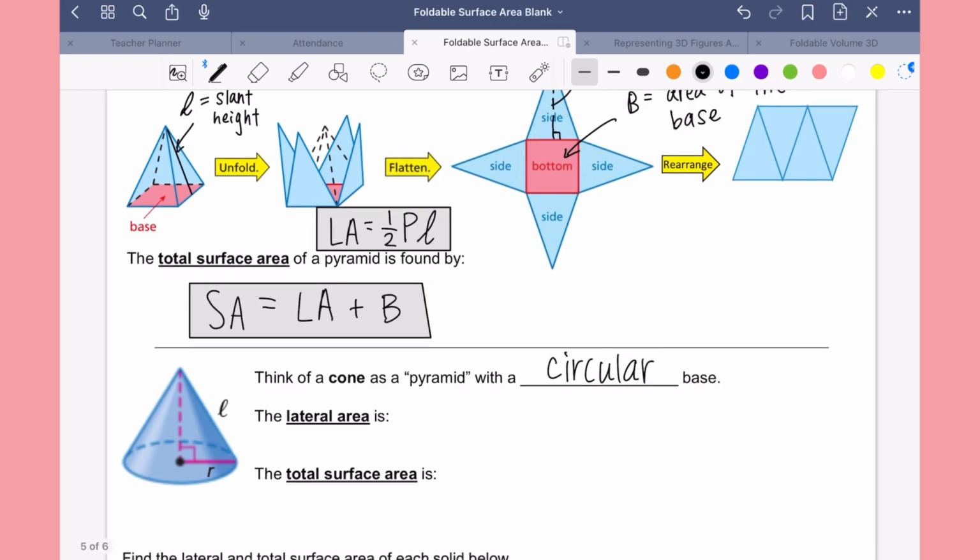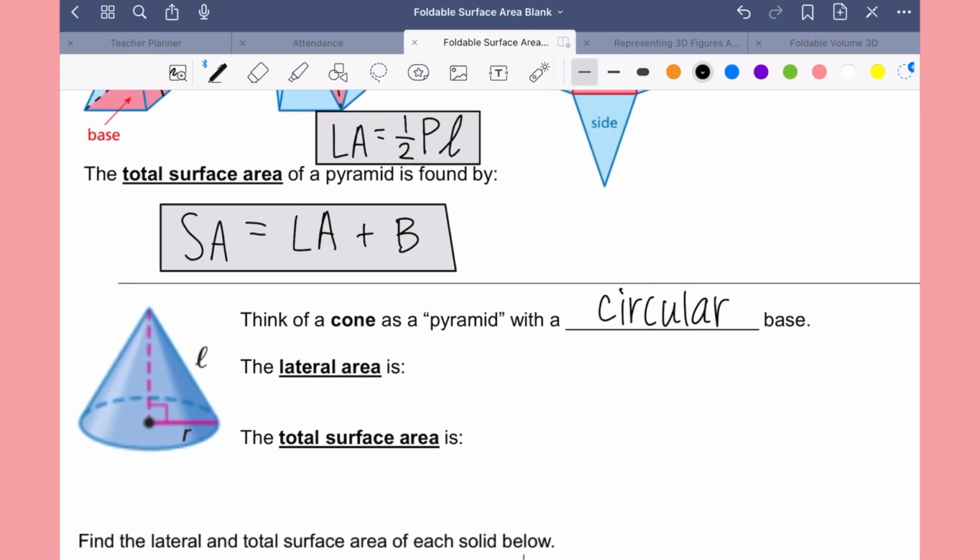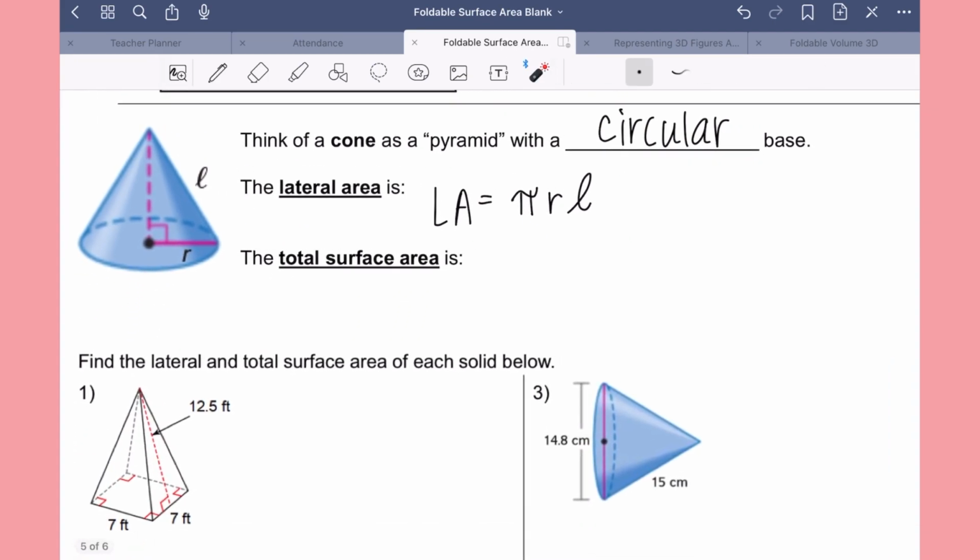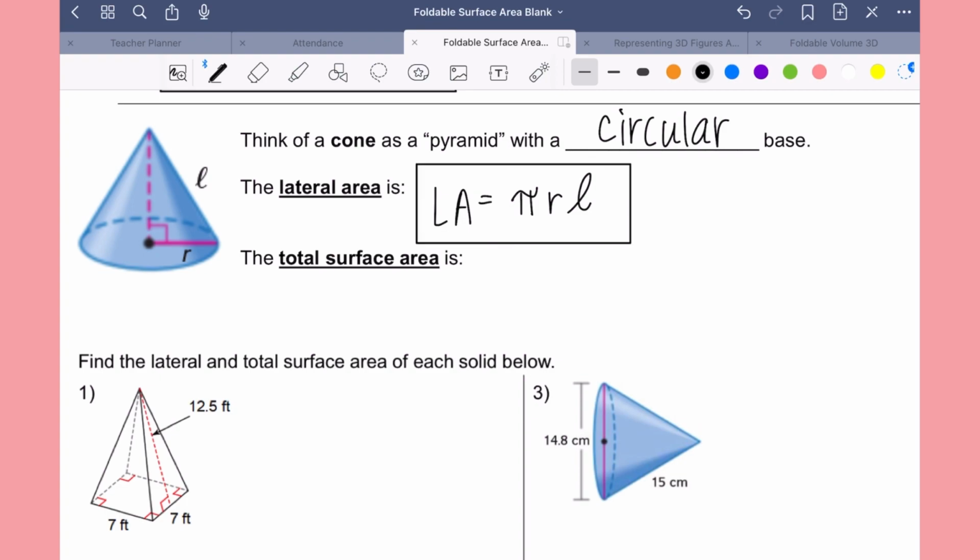So the cone lateral area formula is pi times your radius times your slant height. And we notice our cone also has a slant height. It's not straight. It's this slanted height right here, not the inside. It's this part, the slant height. So that is lateral area for a cone.